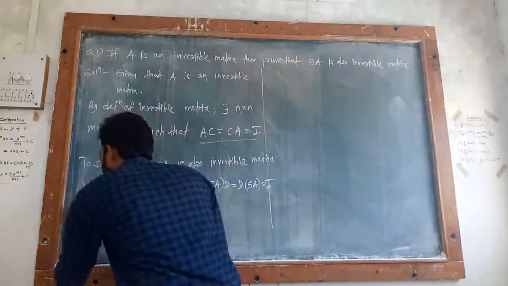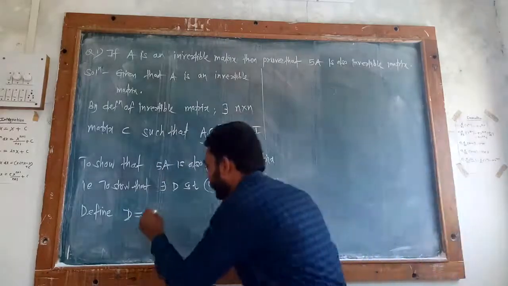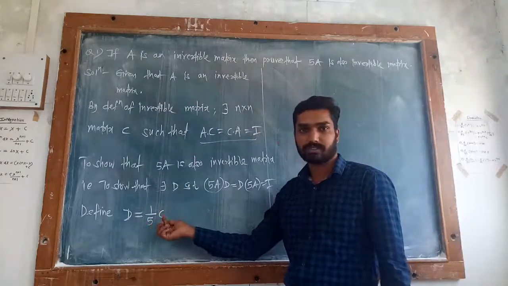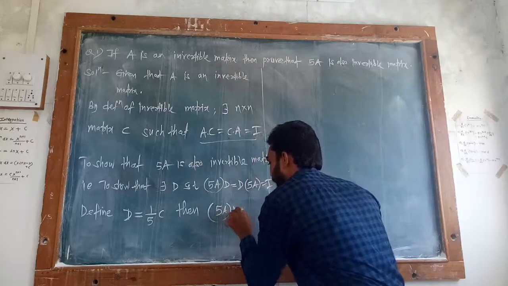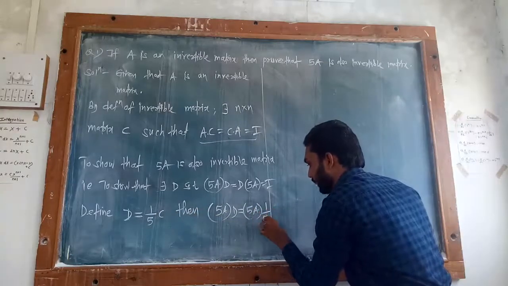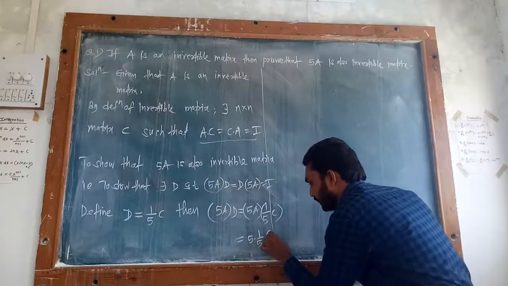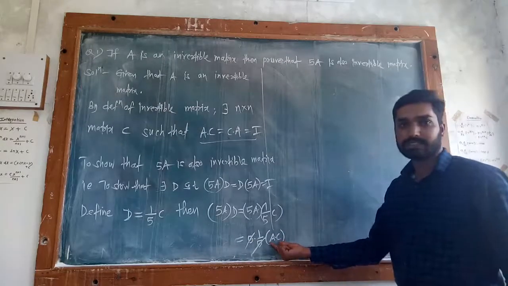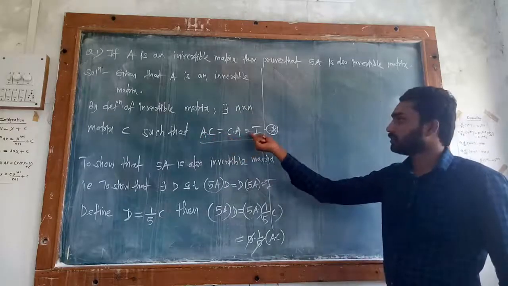Now let us define a matrix capital D equal to 1 upon 5 into C. Then 5A into D equals 5A as it is, times D, that is 1 upon 5 into C. Then the next step is 5 into 1 upon 5 is common outside, and inside is A into C. This 5 cancels, so remaining only A into C. Now call this equation star: A into C equals C into A equals the identity matrix.